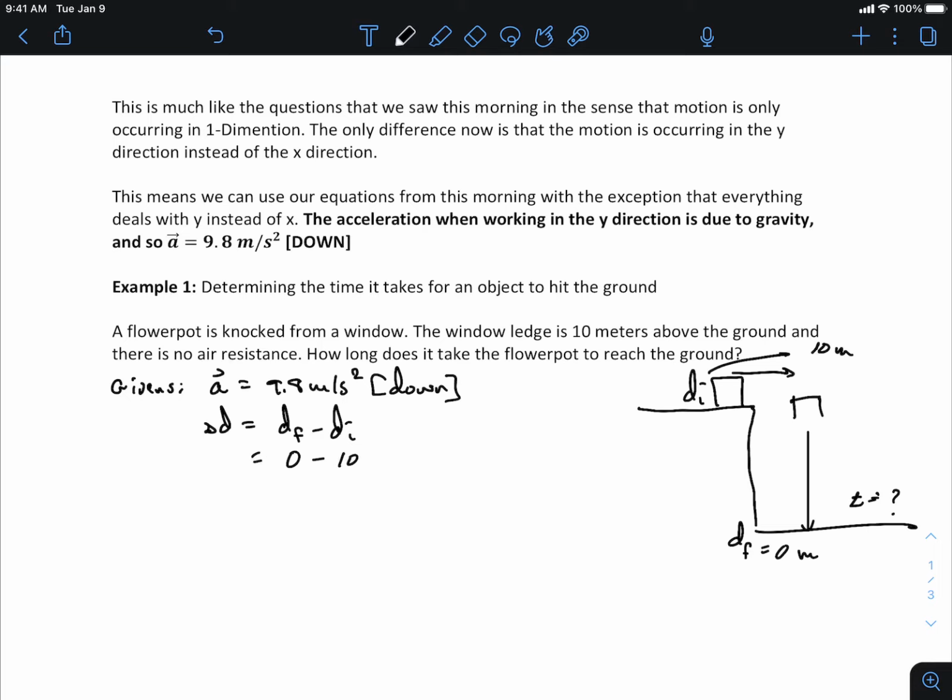And so what you're going to get, you're going to say, okay, well, the delta D value, or the change in distance or change in height, what you'll see sometimes is maybe we might use change in height for the vertical questions, right? As opposed to delta D, but both mean the same thing. Relative to the equation, you're going to get negative 10 meters, which you could say 10 meters down.